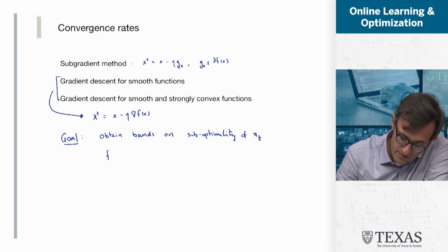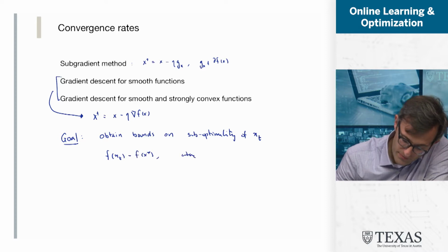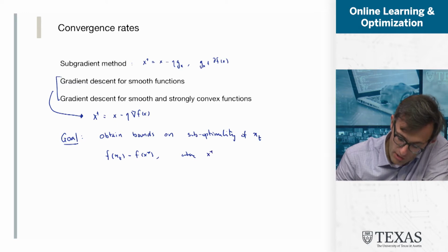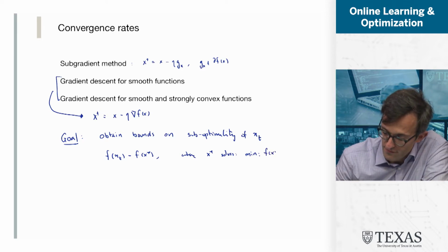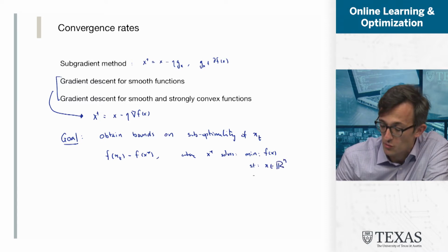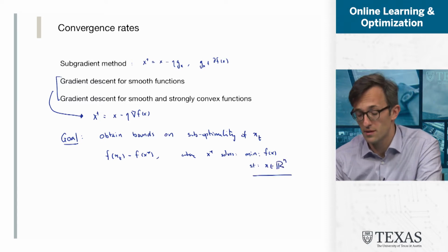Meaning, I want to look at f of xt minus f of x star, where x star solves the problem minimize f of x, subject to x in all of Rn. So we're still looking at unconstrained problems.